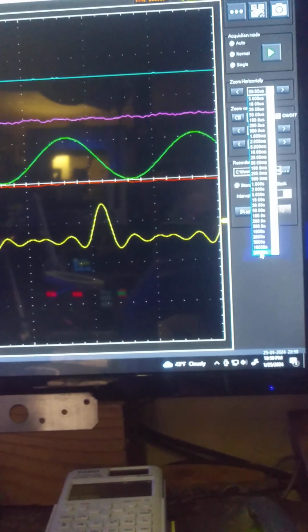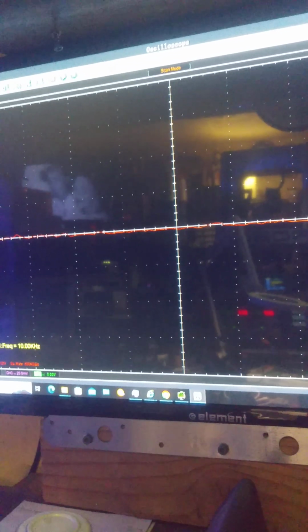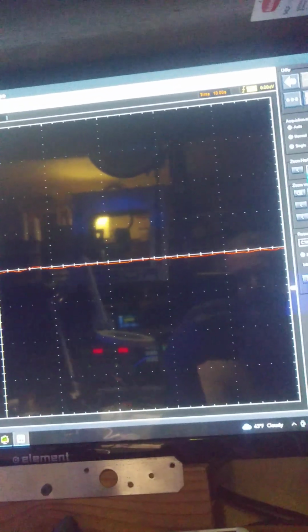But it takes forever when you get down to levels like this. You'll sit here and wait probably an hour for a data point to be logged. At 20,000 seconds, and like I said, even at 10 seconds, it takes quite a while to do its thing, but you're seeing a signal that's not there.